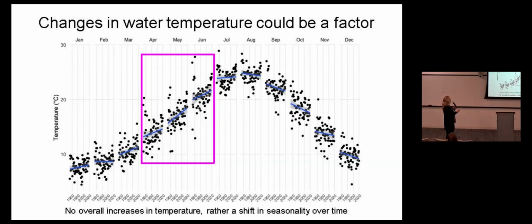In these months we're seeing a rapid increase in temperature over time, from 1960 into 2020, especially in May, where you're seeing much more rapid warming in the springtime. One thing we think is going on here is a shift in the temperature and the transition into summertime that's allowing early onset blooms of cyanobacteria. They're able to take hold, and it pushes other phytoplankton that like cooler water, like diatoms, out of the system, favoring cyanobacteria earlier.